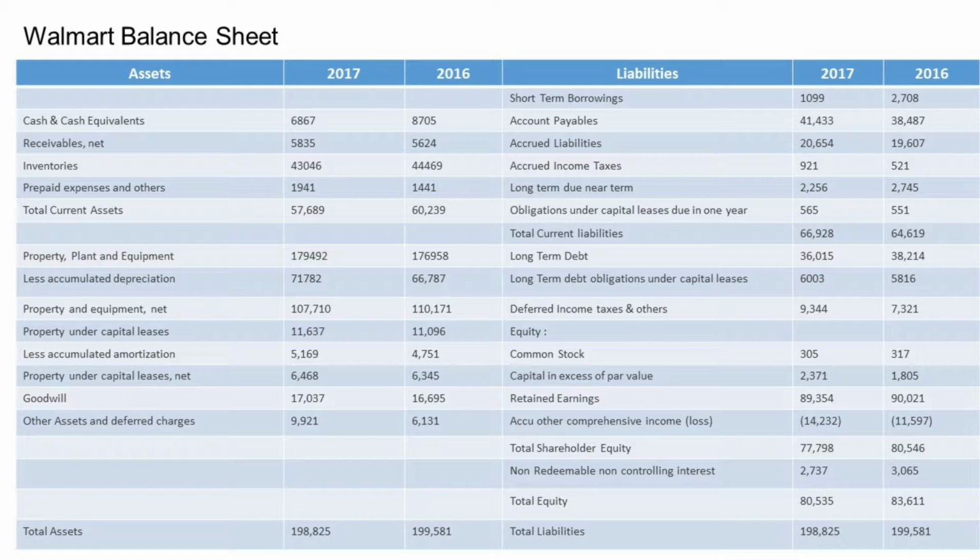So here is a view of Walmart's balance sheet. Typically the assets are shown on the left side and liabilities and equity on the right side. Typically every company shows the latest two years of data from an accounting standpoint.